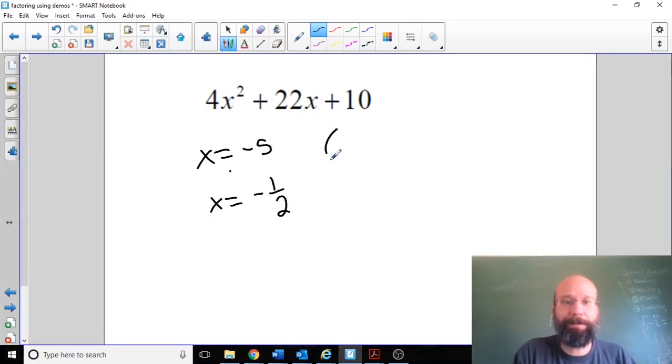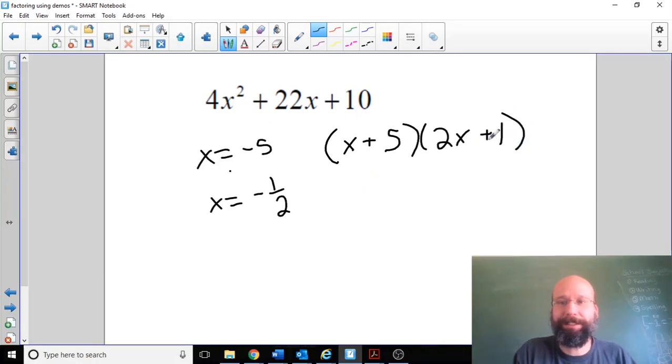The bottom number goes in front of the x. In this case, the bottom number of this fraction is a 1, right? It's imaginary. And I change the sign of the top number. Bottom number is a 2. I change the sign of the top number. And here's where I was saying that you need to multiply these two. We're going to double check it. x times 2x is 2x squared.